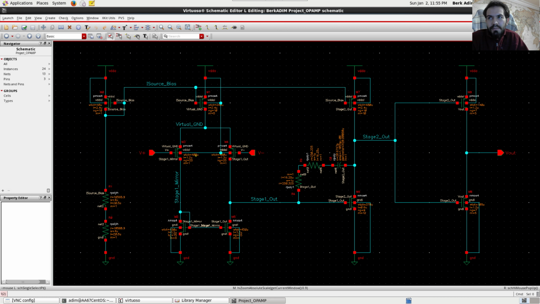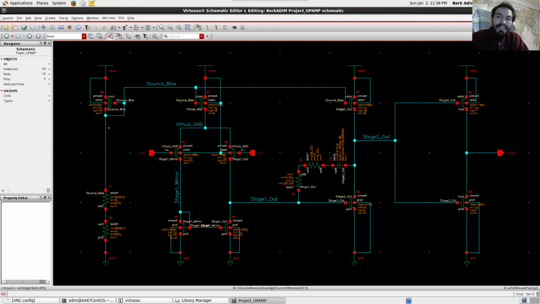But as I said, the choice of the input transistor type is due to the low input common mode voltages we desire. You can also see a nice simple resistive biasing circuit here.